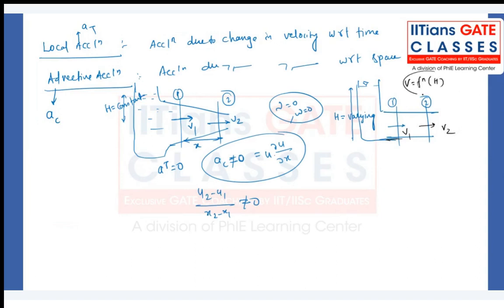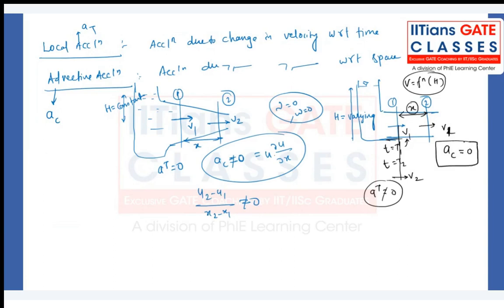So definitely when h varies, after some time, let's say t1, we have the velocity v1. At time t equal to t2, at the same location, we have the velocity v2. It will change, so temporal acceleration will not be equal to zero. But when you see the change in velocity with respect to position, it will always be the same v1 for a given amount of time. So my convective acceleration will be zero in this case.